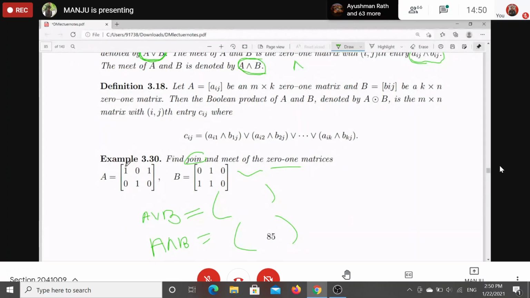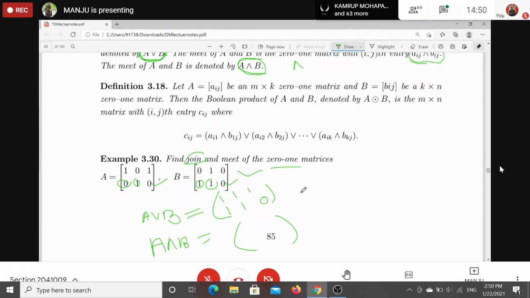For join, you take 1 disjunction 0, 1, 0 disjunction 1, 1, 1 disjunction 0, 1. So 1, 1, 1. For the second row, it is 1 disjunction 0, 1 disjunction 1, 1, and 0 disjunction 0, which is 0. So here we have 0, otherwise we have 1, 1.